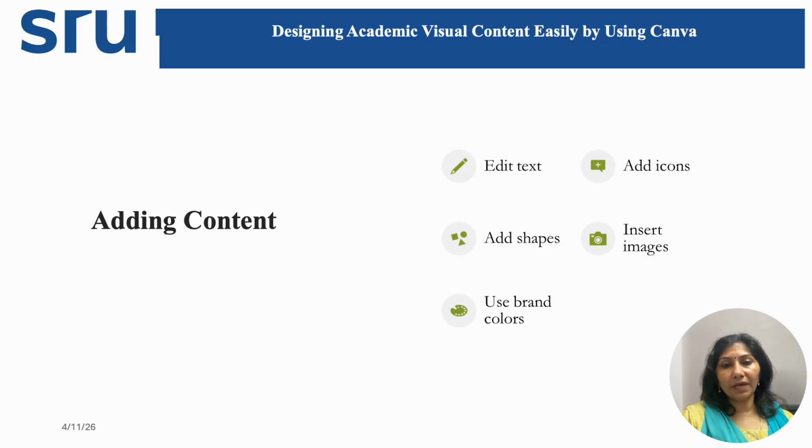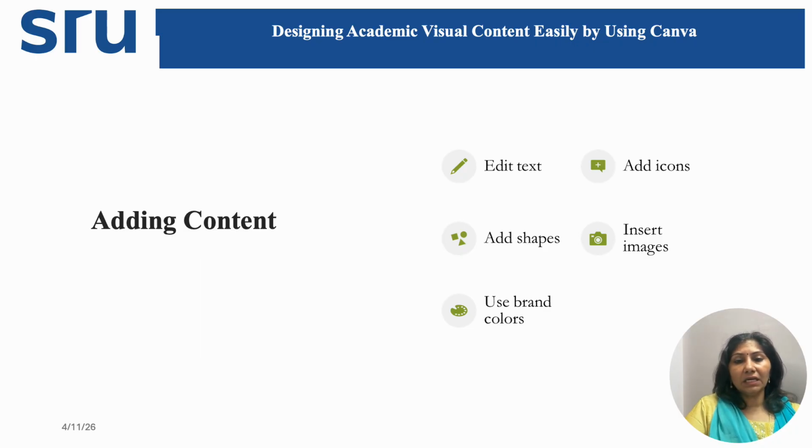Here, we will see how you will be adding or editing the content. First you have to log into Canva, select a template, and after that start editing the template. You can insert text, images, icons, charts, and any shapes into the design.